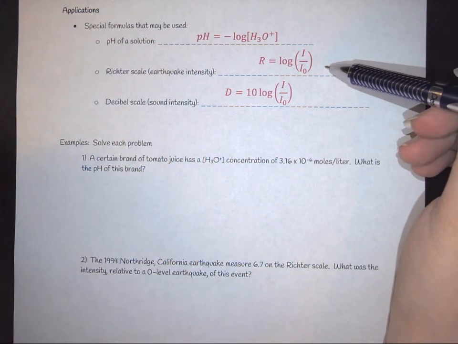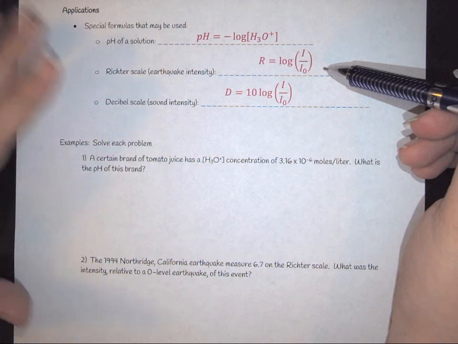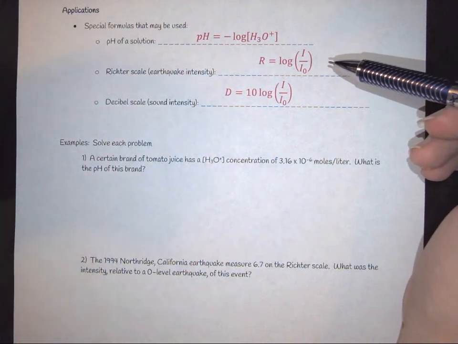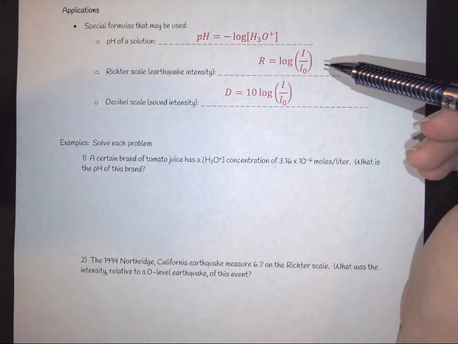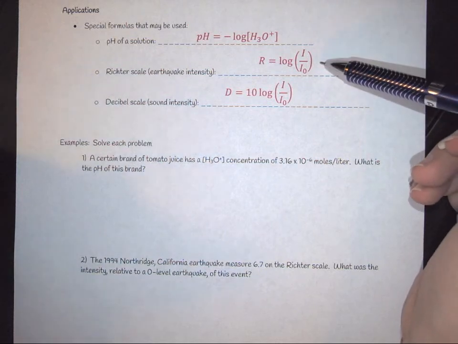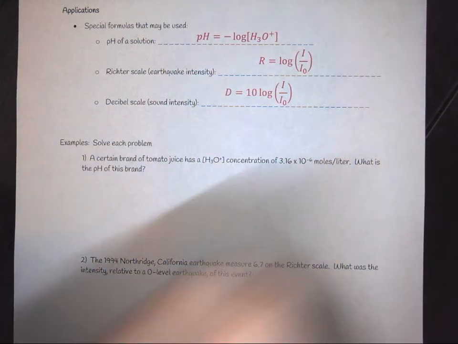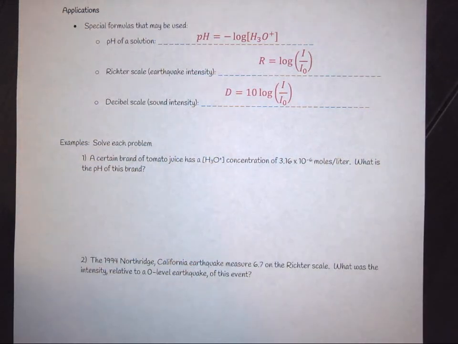So every time you hear on the news about an earthquake hitting somewhere and they say it had a Richter scale value of 7.0, well, what they did is they were able to measure the actual intensity of that earthquake and compare it to the intensity of what they call a zero level earthquake, which is basically I naught is 1.